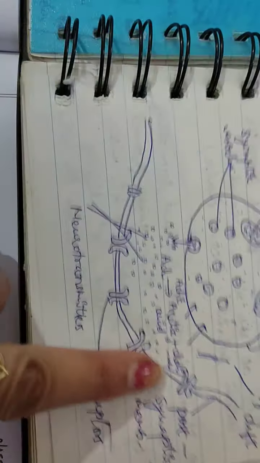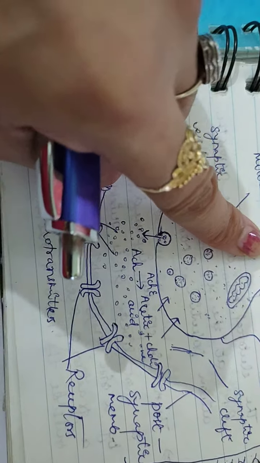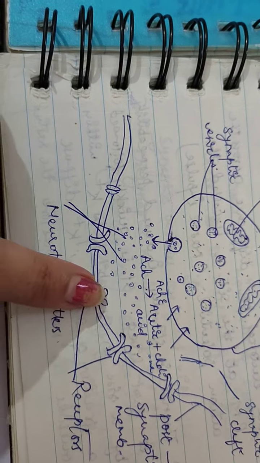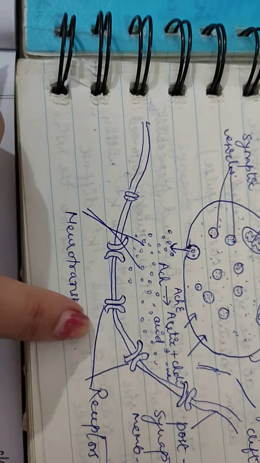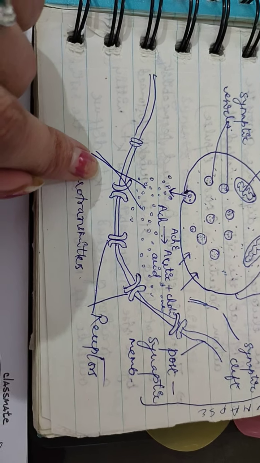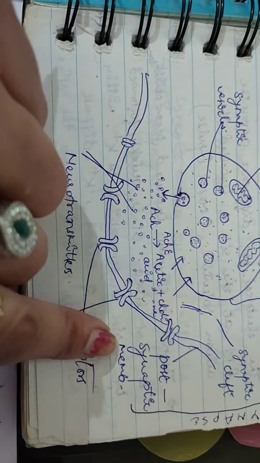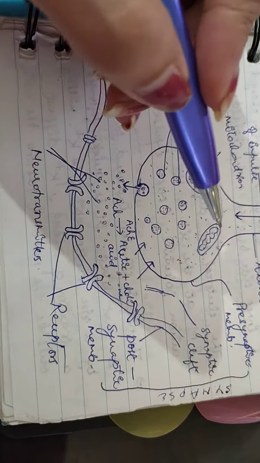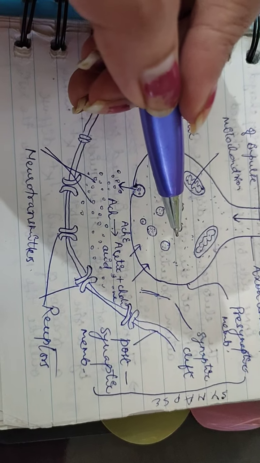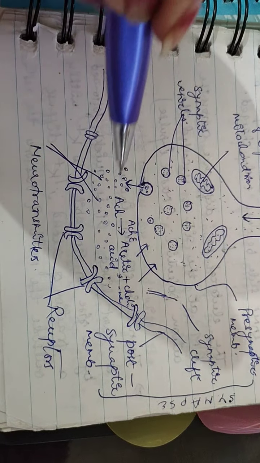This whole structure is dendrite, and this is axon. In the dendrites there are so many receptors present for neurotransmitter, and this one is called the postsynaptic membrane. This is the presynaptic membrane, and the space between presynaptic and postsynaptic membrane is called synaptic cleft.